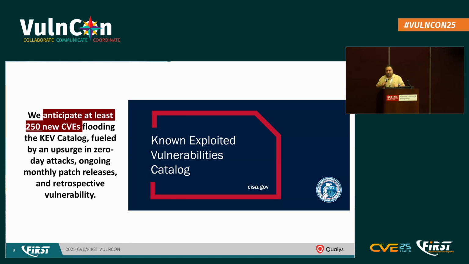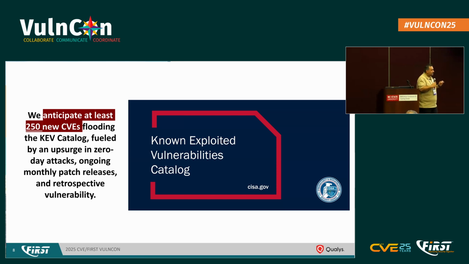And 250 is not much, because if you look from the beginning of the year to today, there are 75 CVEs added to CISA. And I want to quickly mention how CISA works, because we need to talk about that, and we have a lot of details to share.